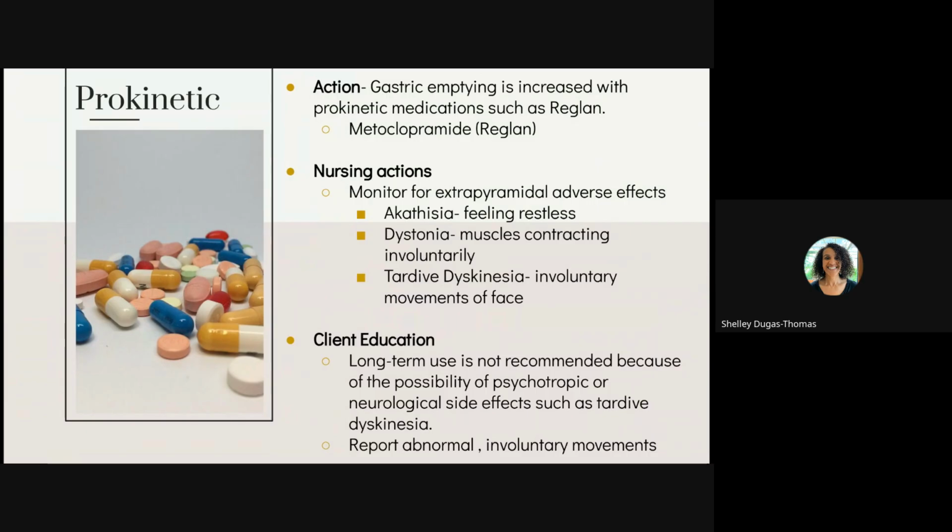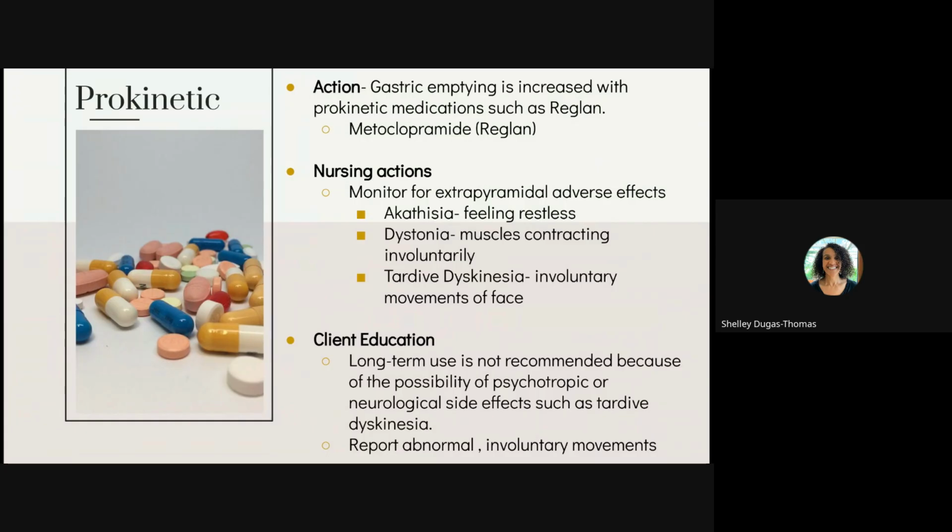Prokinetic agents like Reglan enhance gastric emptying to improve digestion and reduce reflux. Reglan is sometimes given as an antiemetic as well. Nursing actions include monitoring for extrapyramidal side effects, including akathisia, which is restlessness, dystonia, which is involuntary muscle contractions, and tardive dyskinesia, which is involuntary facial movements.